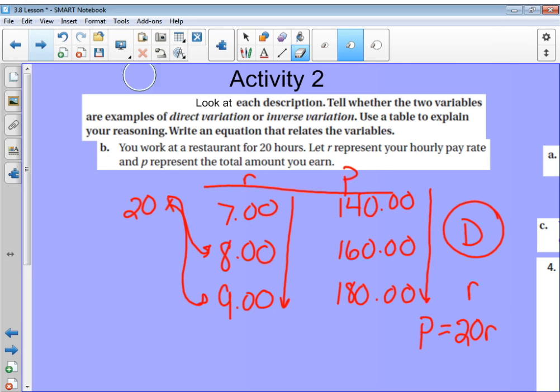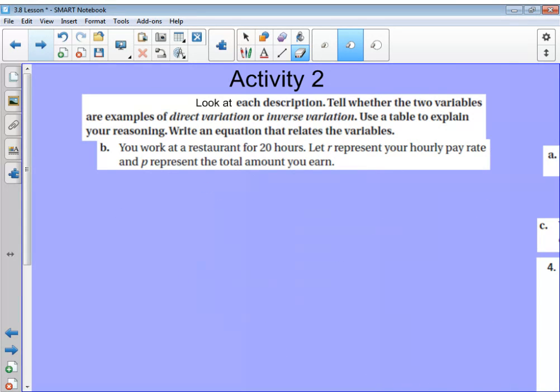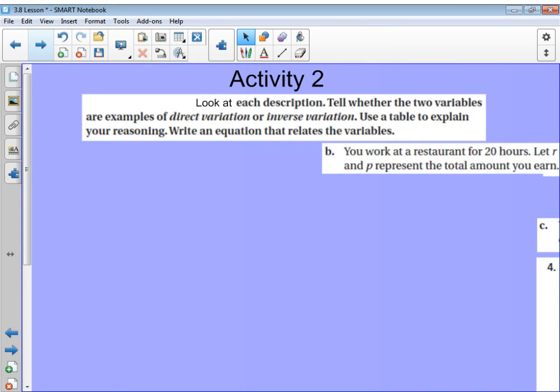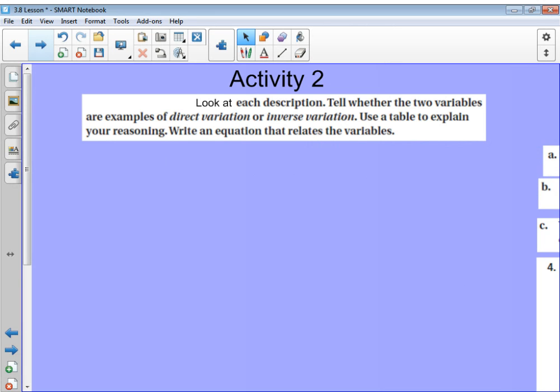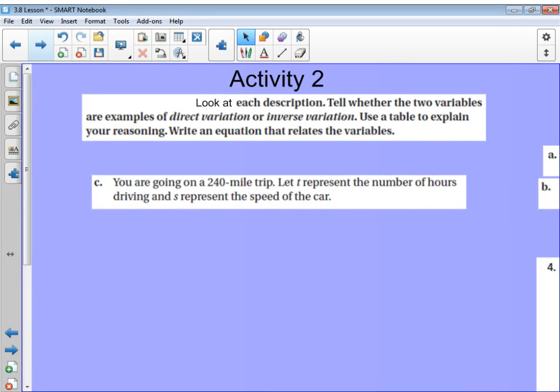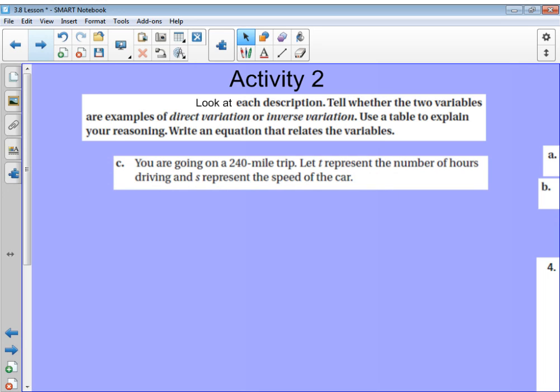Okay, so let's try one more. And this one, I want you to go through and try to at least decide if it's inverse or direct variation. You're going on a 240-mile trip, so we're all traveling 240 miles. Let T represent the number of hours that you're driving, and S represent the speed of the car.